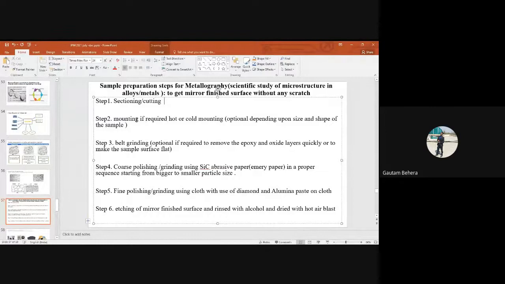Mounting. This mounting means sometimes what happens, the sample size may be very small so that you cannot handle it easily. You cannot do further processing on it. Or it may be that the sample surface may not be completely flat.